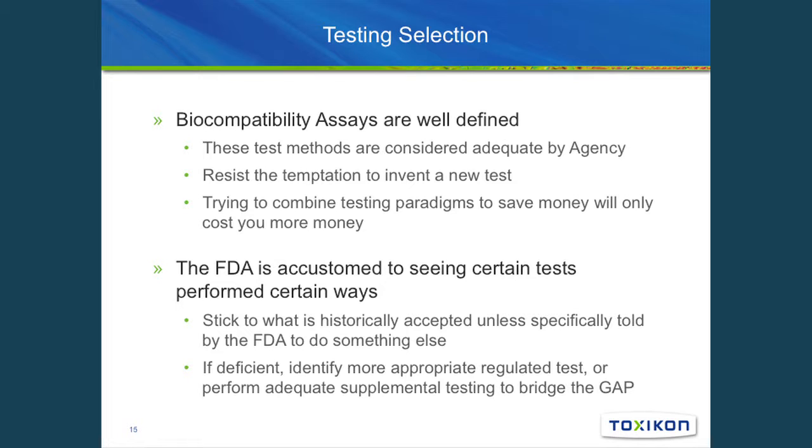You know, what supplemental testing. Try to keep the tests that you're doing that are well defined intact by themselves. Don't hack them up and say, okay, well, what else can I do to really show that this is safe because this wasn't well captured? So that's an important aspect.